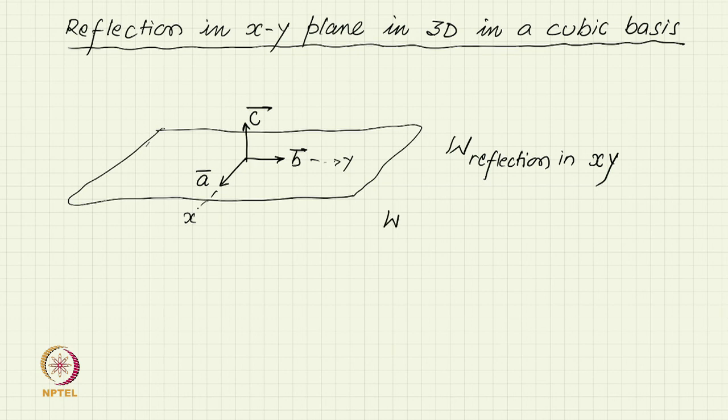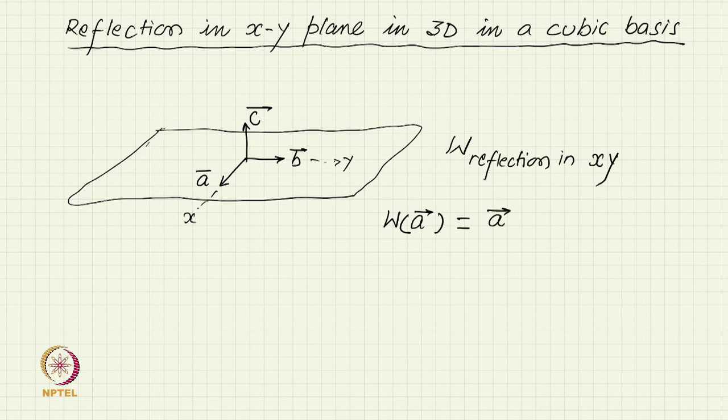We have to find W A. Where will A reflect if it is reflected in the xy plane? It will not change. This is what is called invariant vectors. Some operations leave some of the directions or some of the vectors unchanged. So, reflection in the xy plane will leave A unchanged.